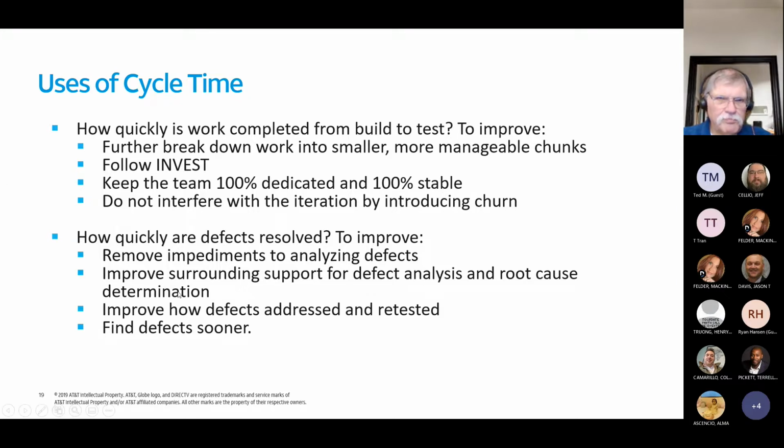Okay. And we can improve the time that it takes to resolve defects by the Scrum Master. Definitely, those are some of the impediments that the Scrum Master can work on eliminating. We need to make sure that the teams working on this effort have the proper tools so that they can do the analysis and have the tools to be able to do the root cause determination.